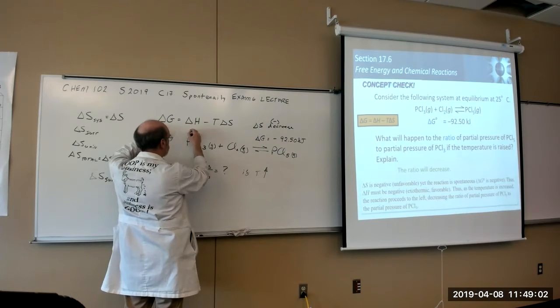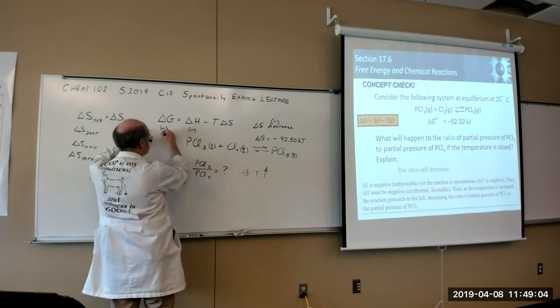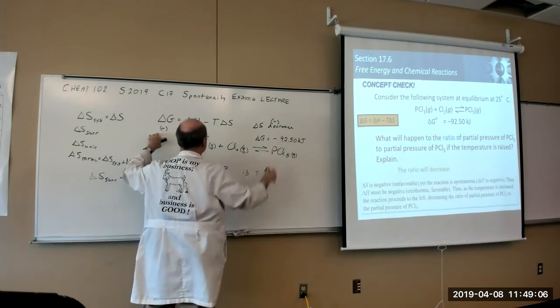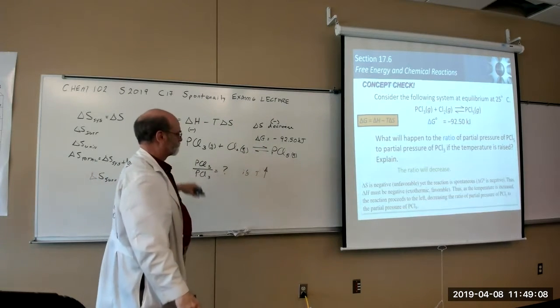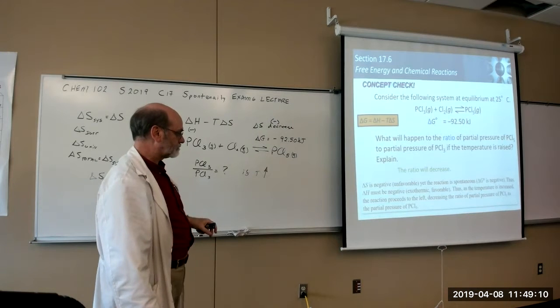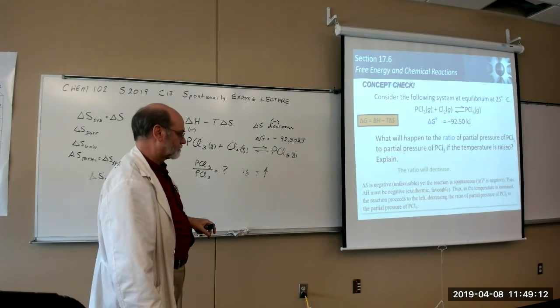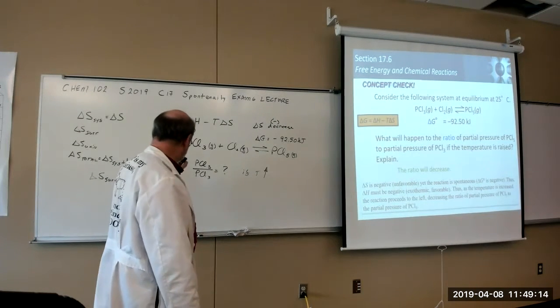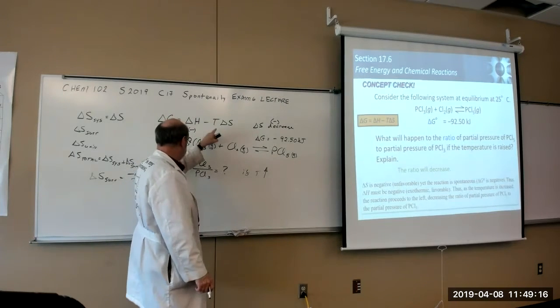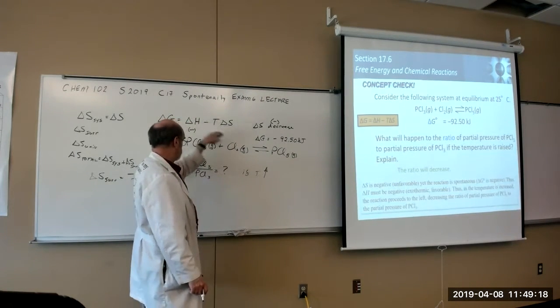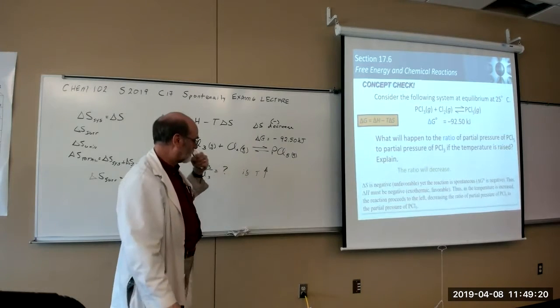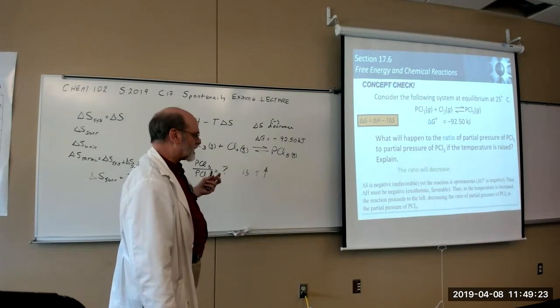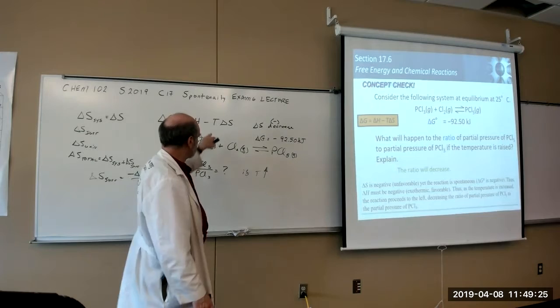So delta H is negative, but the change of enthalpy has to be a greater number than this one combined. So we're increasing the temperature.